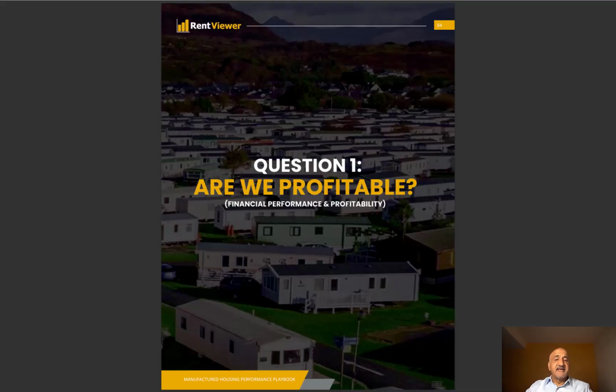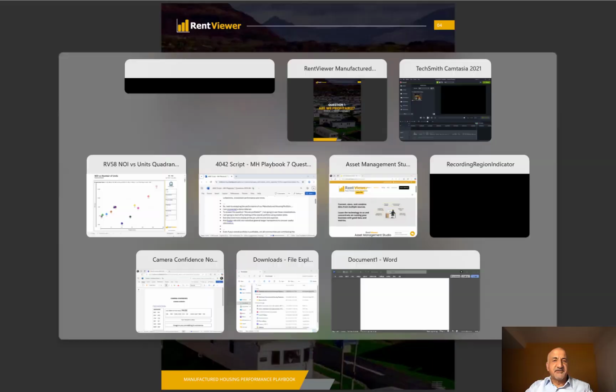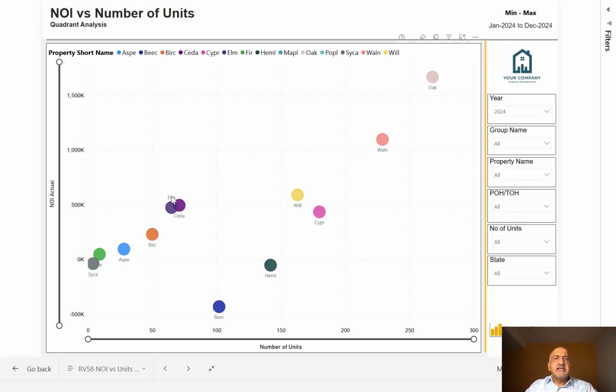So back to analyzing the performance of our portfolio. Here I'm connected to a demo data set in the Asset Management Studio, and I'm going to answer the question, are we profitable, by using these visualizations.